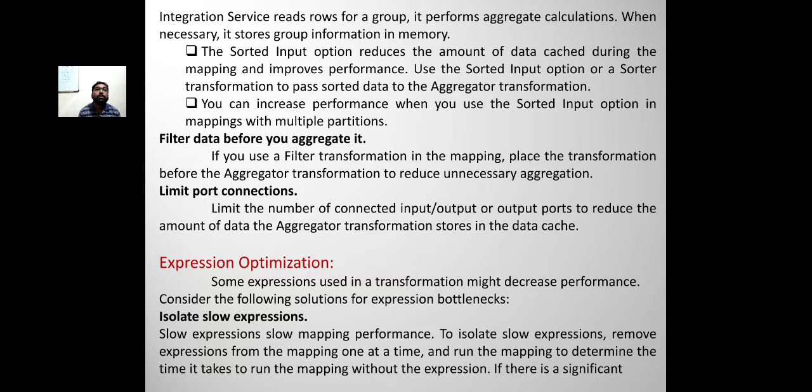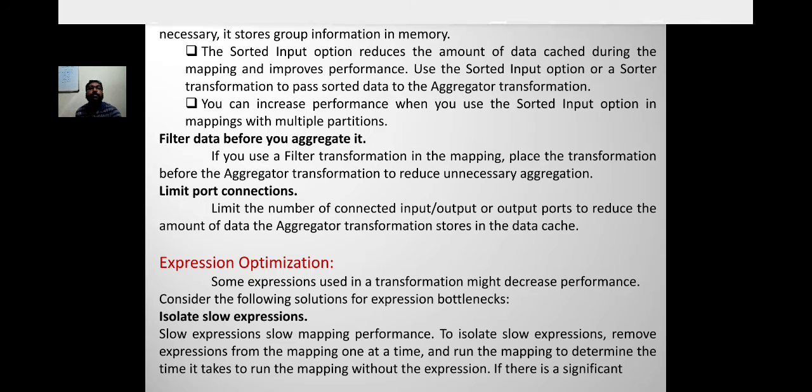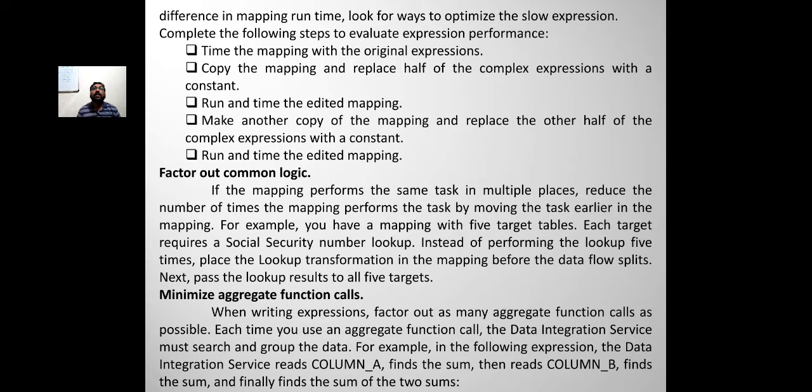To isolate slow expressions, remove expressions from the mapping one at a time and run the mapping to determine the time it takes to run the mapping without the expression. If there is a significant difference in mapping runtime, look for ways to optimize the slow expression.